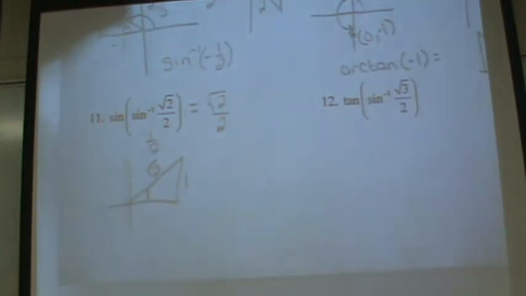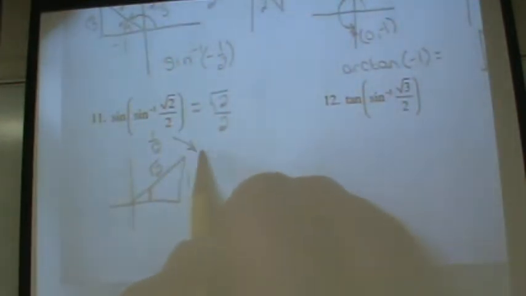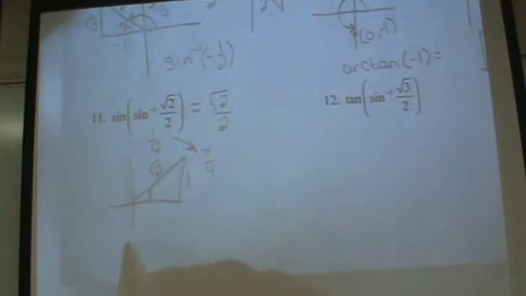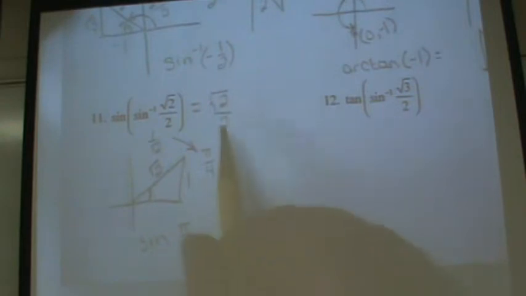So what angle is that? It's a pi over 4. So then we want to take the sine of a pi over 4 angle, and we get opposite over hypotenuse back. So we get that 1 over root 2 back, which is root 2 over 2.